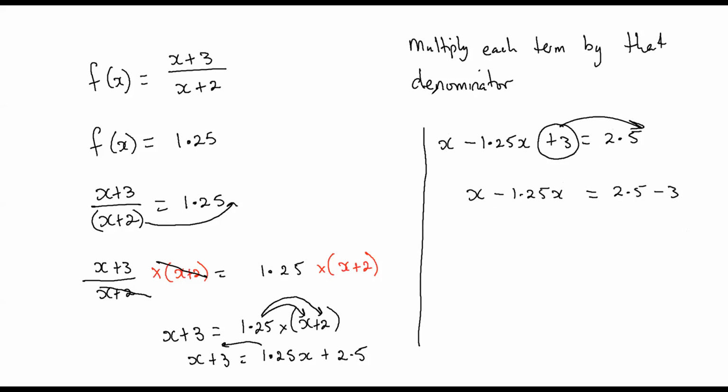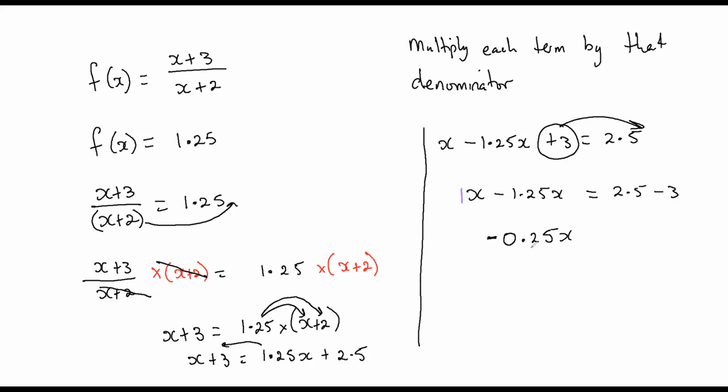Remember, x by itself means that there is a 1 in front of it. I write it in a different color because we're supposed to see it there even though it's not written. So what is 1x take away 1.25x? It would be negative 0.25.